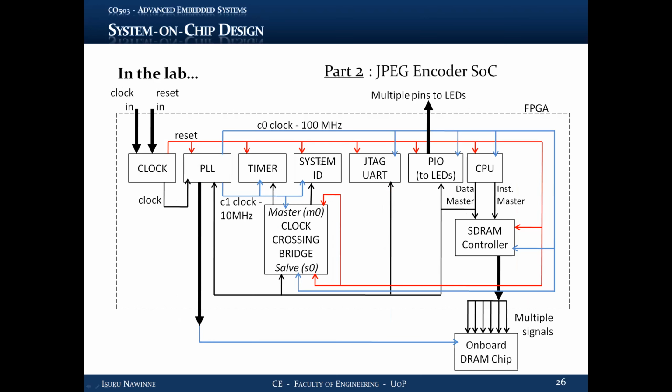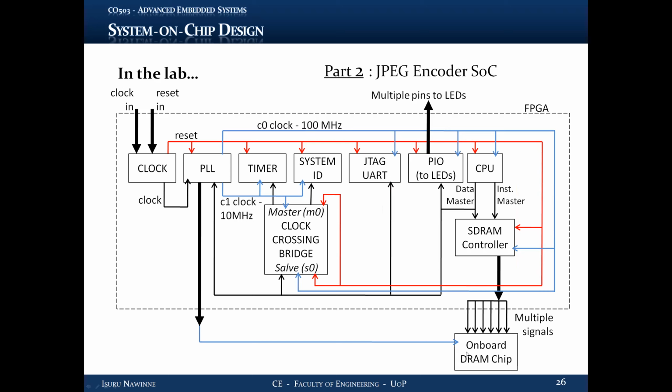Then in part two, you have a slightly more complicated system, a SoC to encode JPEG. And for this, you use the onboard memory chip that you have, right? You can have memory on the chip as well, but just to expose you to these other technologies, we are using the onboard DRAM chip.